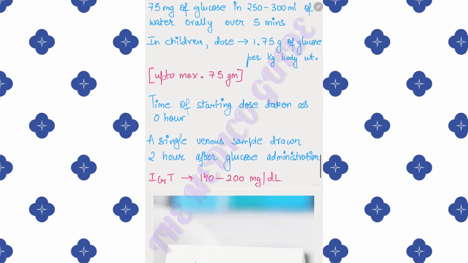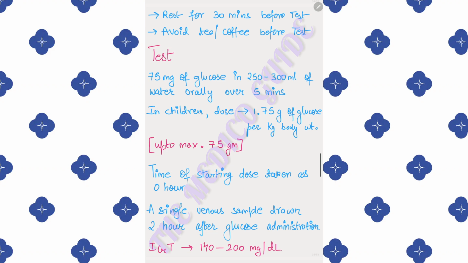So as not to have false positive results in children, the dosage is changed. Kindly remember this. It can be asked in competitive exams, and it is also important from the clinical perspective. The time of starting the dose is taken as the 0 hour.